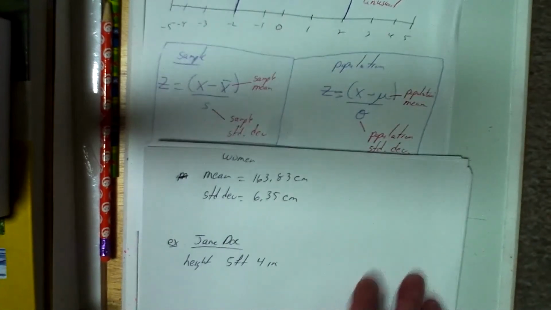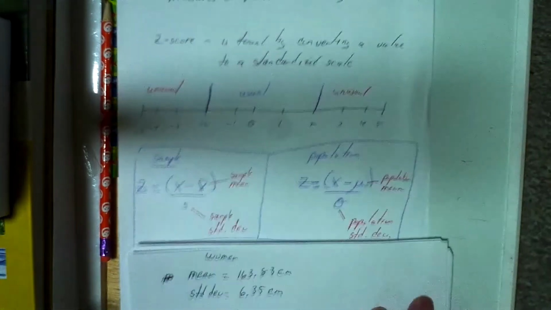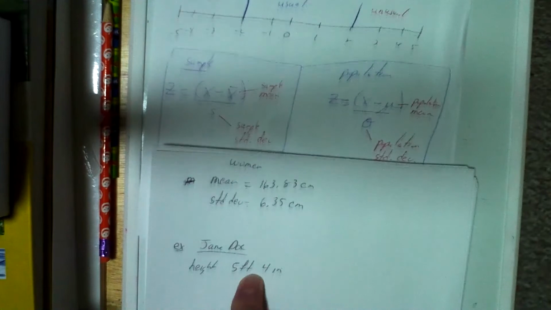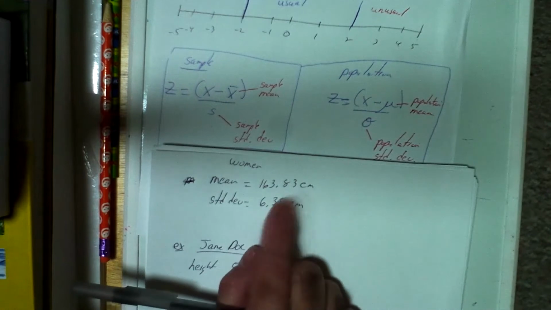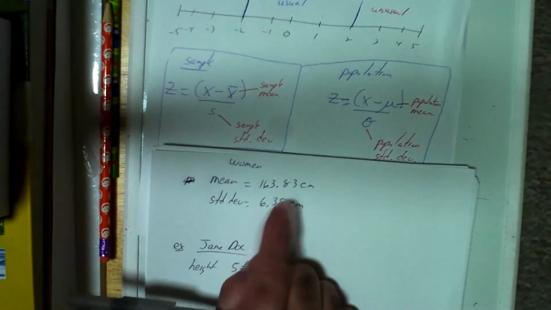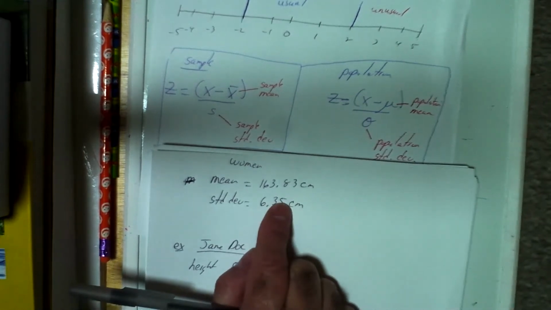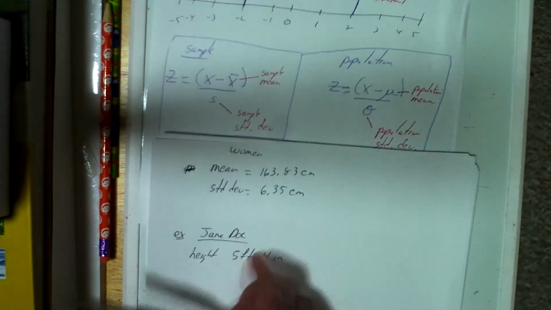I want to know what her z-score value is, and then I want to plot it on my z-score scale. If you're going into the medical field, you're going to need to know how to convert everything to centimeters, because heights are measured in centimeters and weight in kilograms. So you have to know how to convert. Let's look at Jane Doe's and convert her height into centimeters.